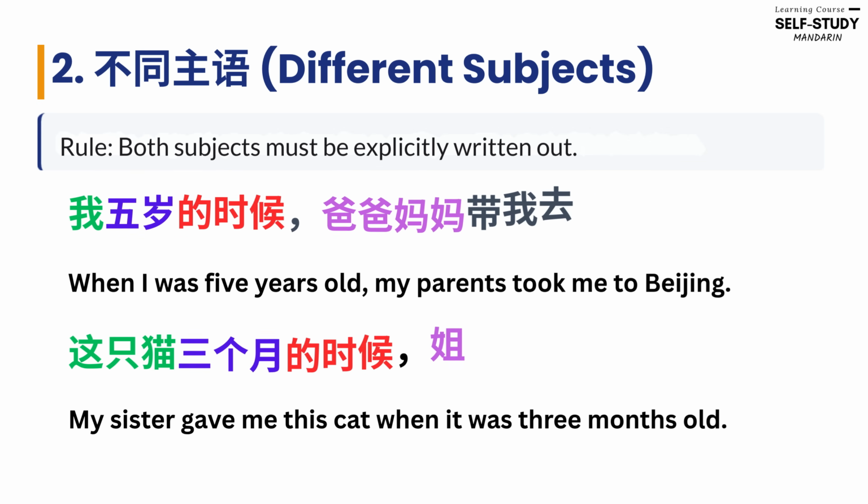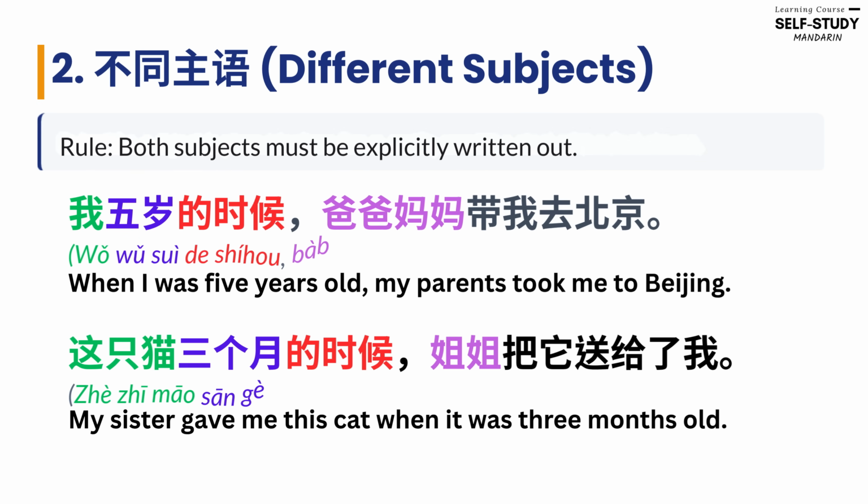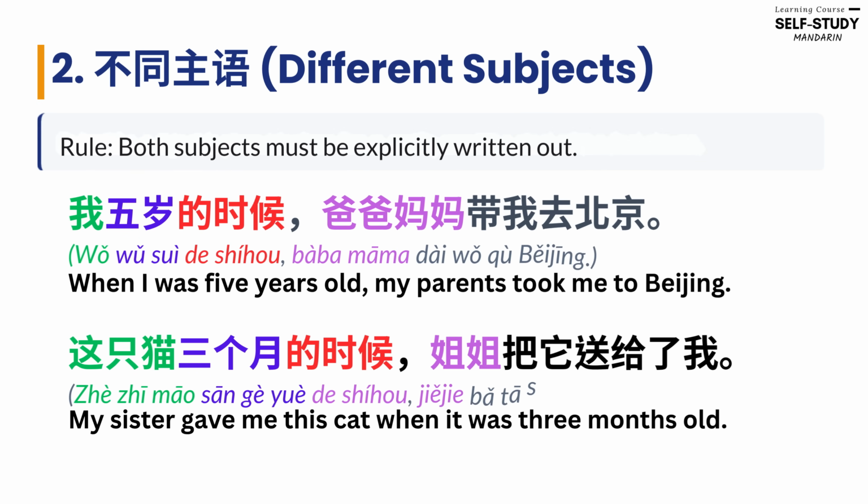Now, what happens if we have two different subjects? The rule is both subjects must be explicitly written out. Subject 1 goes in the first half and subject 2 goes in the second half. Example 1. 我5岁的时候爸爸妈妈带我去北京. When I was 5 years old, my parents took me to Beijing.